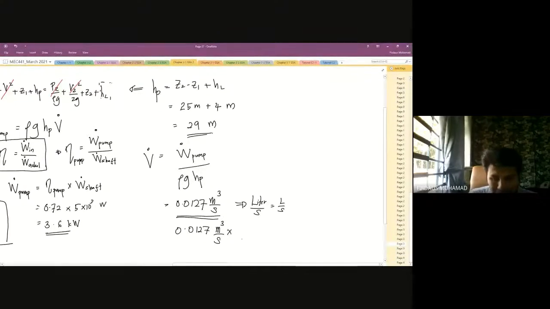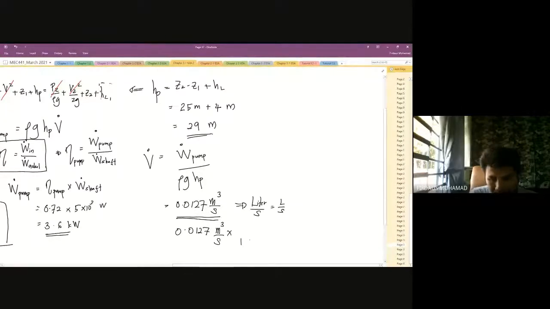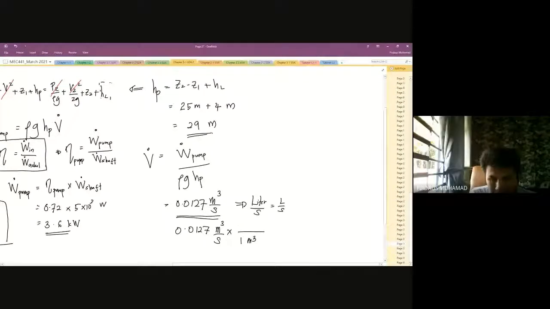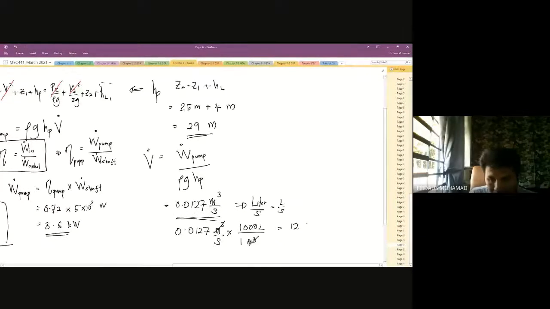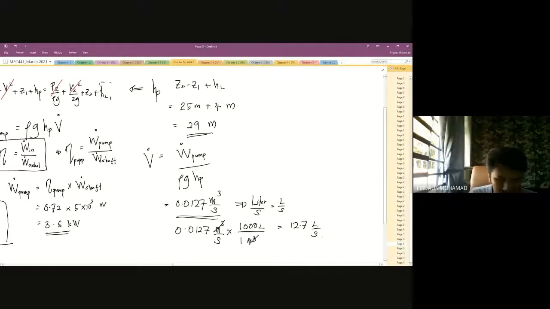Kita tahu 1 meter cube sama dengan 1000 liter. So 12.7 liter per second. Okay, faham?